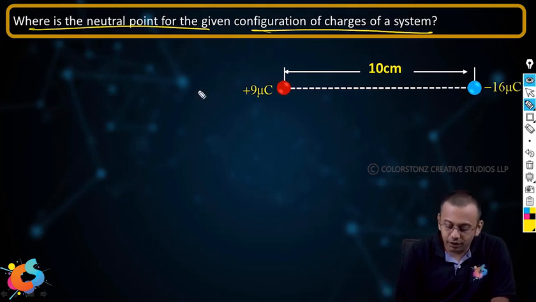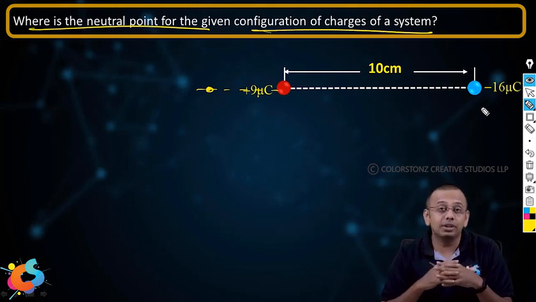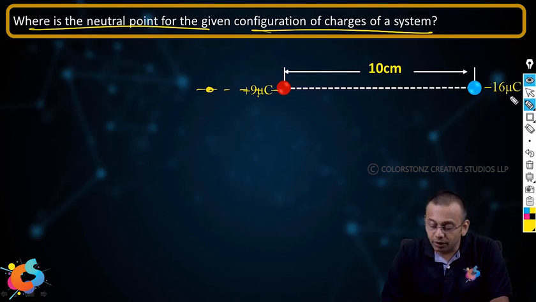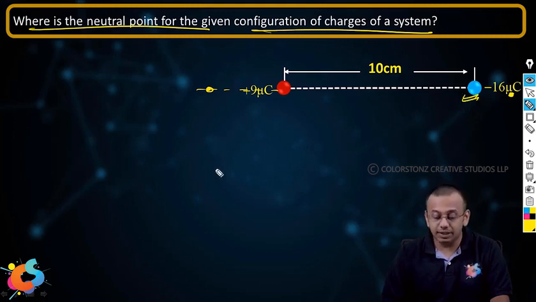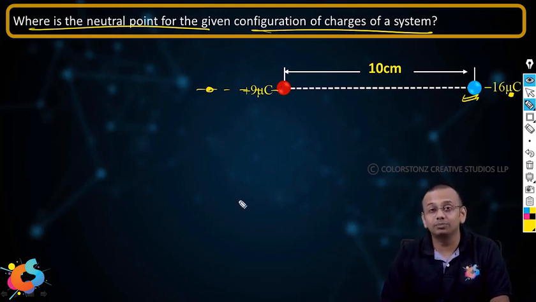One is to the left of this plus 9 microcoulomb, and the other is to the right of this minus 16 microcoulomb. Now, for the two forces to cancel out, their magnitudes have to be equal. If I take a point to the right of this minus 16 microcoulomb, then the force of the 16 microcoulomb is always going to be much greater than the force due to this 9 microcoulomb, and therefore this is not going to work.